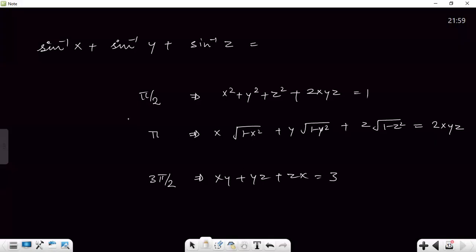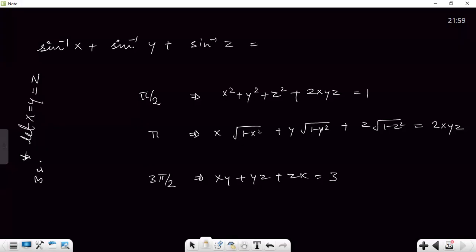Now you need to understand one thing. In a question, if sine inverse of x plus sine inverse of y plus sine inverse of z is given as pi by 2, simply do one witty thing: just let x equal y equal z.